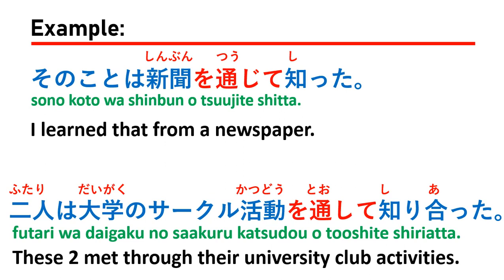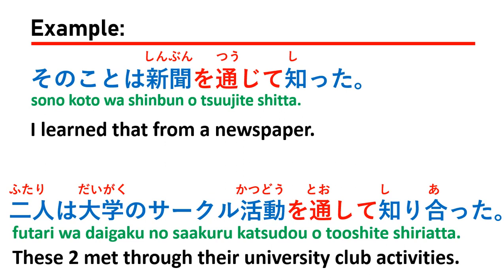Next, 2人は大学のサークル活動を通して知り合った。That means these two met through the university club activities. In this sentence, the noun they use in here is サークル活動. サークル活動 means club activity at school, at the university, right?